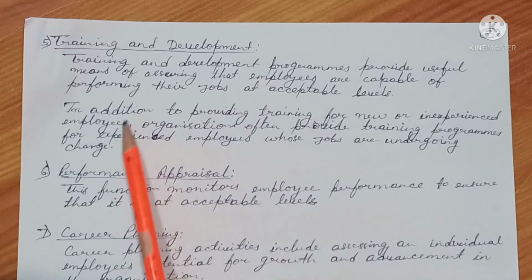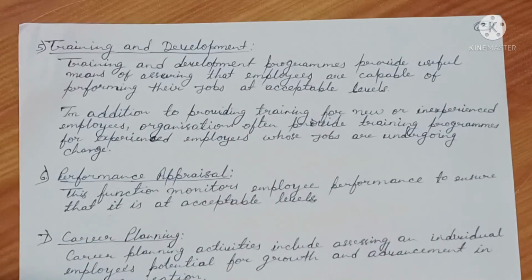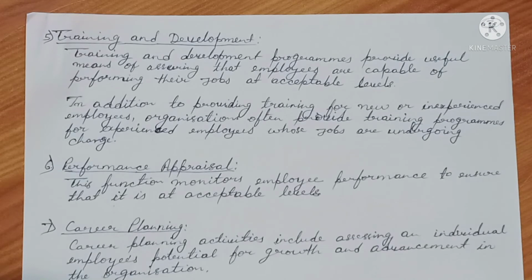If people are able to work properly, or if they are able to do their job, then in that case there is no need of training. But if the people are not able to perform the job in an effective way, then it is required that training be given to the employees.